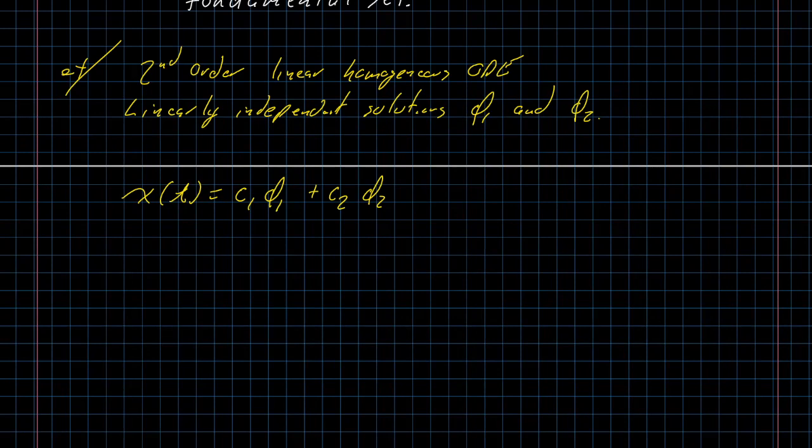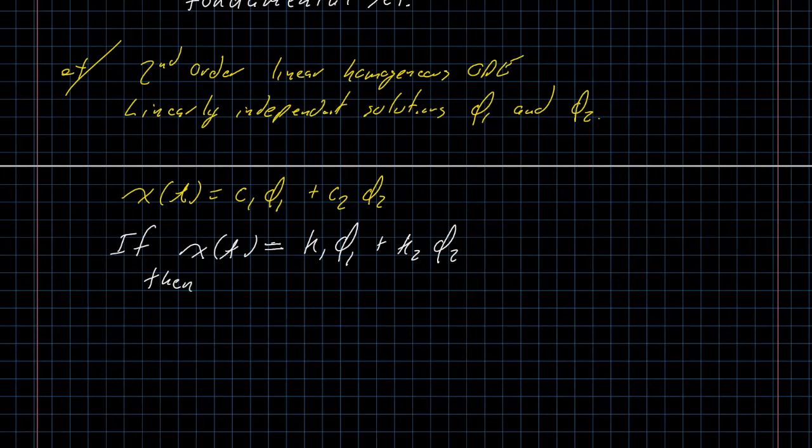And what I want to prove is that if I take that same function and I write it as a different linear combination, let's call it k1 phi1 plus k2 phi2, I claim that the only way we can do this is to get that c1 is equal to k1 and c2 is equal to k2.